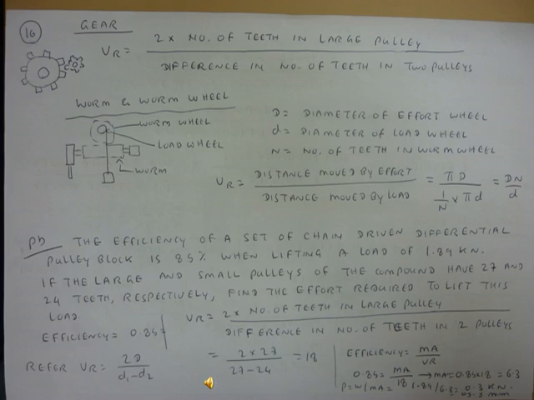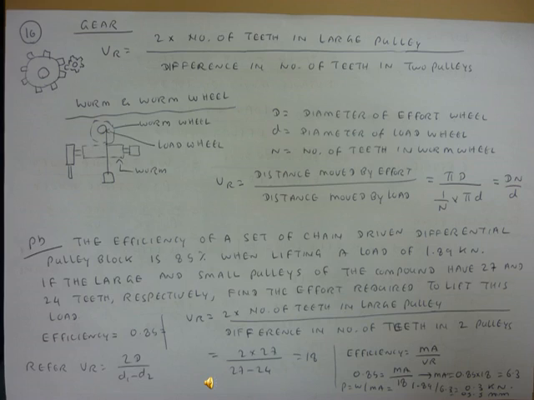So in this case, we write down the equation. VR is equal to 2 multiplied by the number of teeth in the large pulley divided by the difference in the number of teeth in the 2 pulleys. So 2 multiplied by 27 divided by 27 minus 24, you get 18. Then the efficiency is MA by VR.